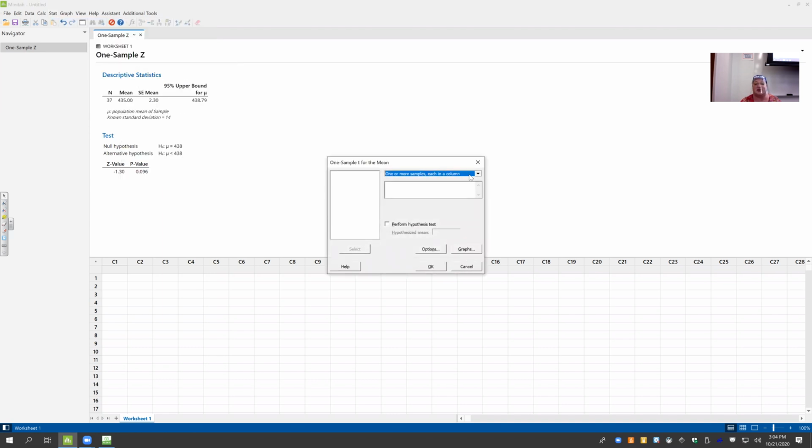Again, we have summarized data. Our sample size, we checked with 49 students. Our sample mean was 5.1. Make sure you get in the box. The standard deviation was 1.2. Again, check the box.